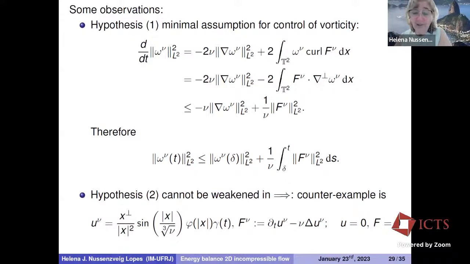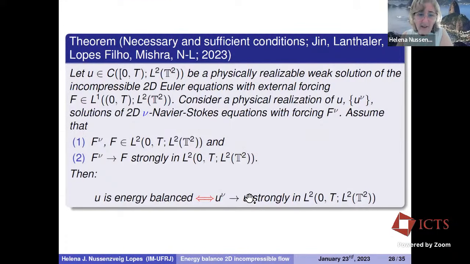I'm sorry. This is energy balanced, but you don't have strong convergence of U nu to U. Sorry about that. U nu converges weakly to 0, but not strongly. So in the direction U is energy balanced implies strong convergence, you need hypothesis 2.